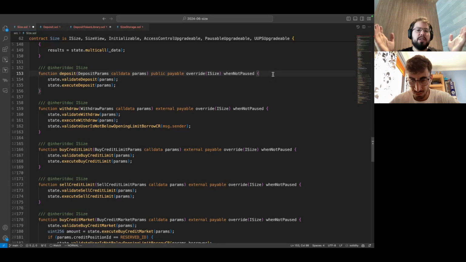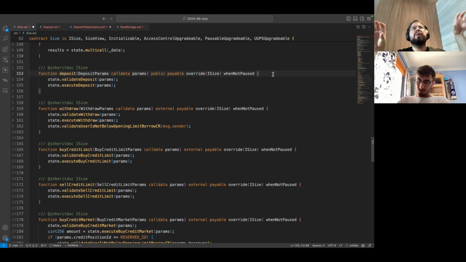So basically, if deposit is working, there are no, I don't know, rounding issues, or maybe fee on transfer or whatever, we can validate a single function and check for the correctness of a single function, and we don't need to take care of it elsewhere. So this makes the separation of concerns a bit better.